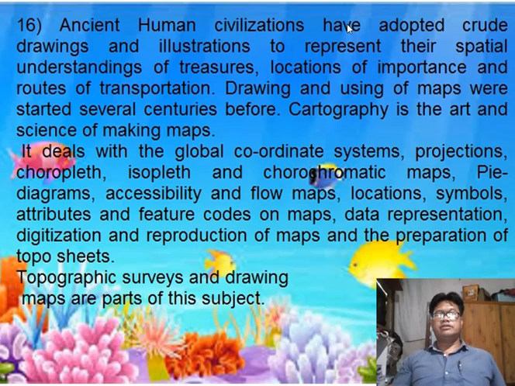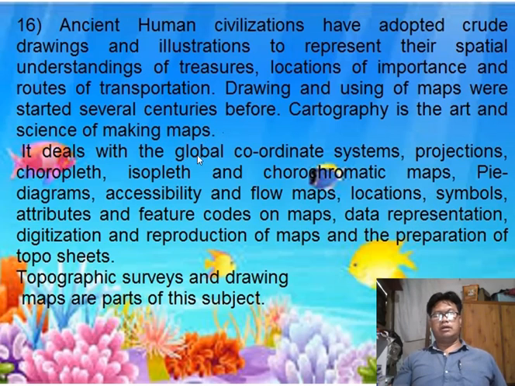Ancient human civilizations adopted crude drawings and illustrations to represent their spatial understandings of treasures, locations of importance, and routes of transportation. Drawing and using of maps were started several centuries before. Cartography is the art and science of map making.